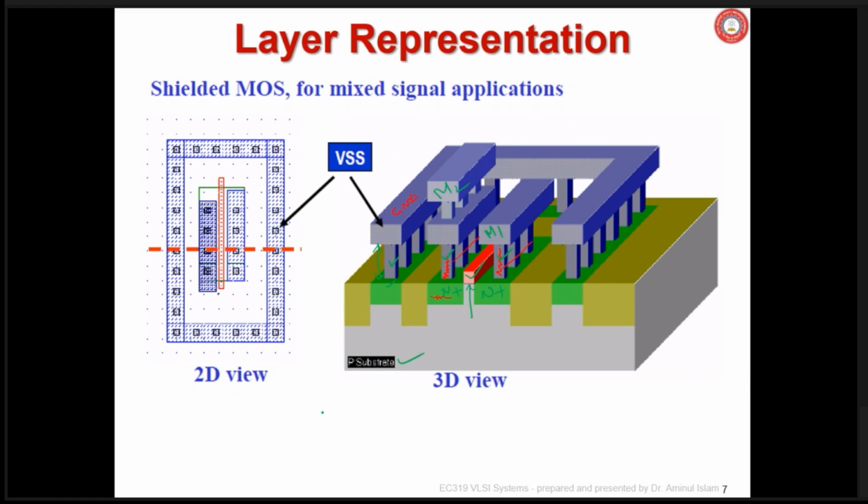Is it clear? But while forming the hole, there may be a defect. If a defect is there, you are not able to make the contact with the N+ region here. Not here, this is the N+ region. This is a ground connection.